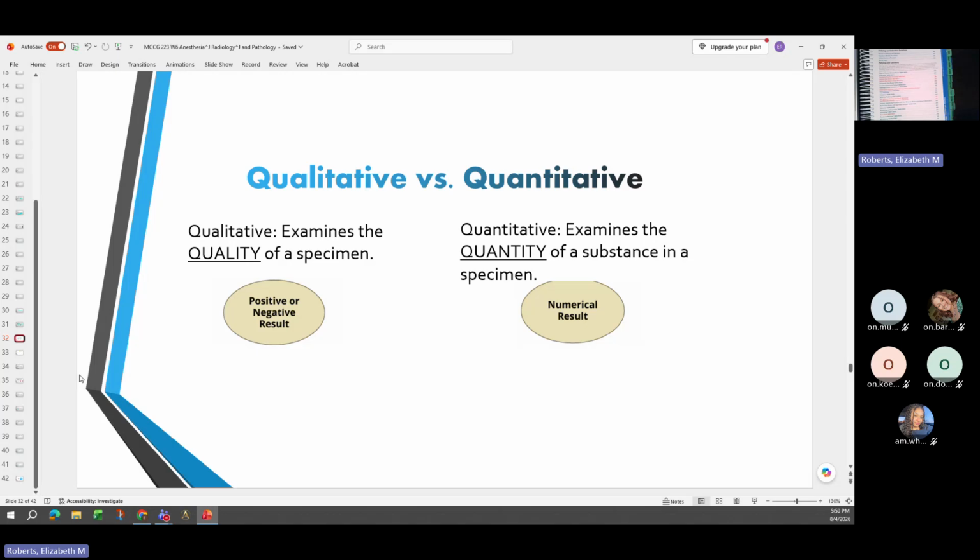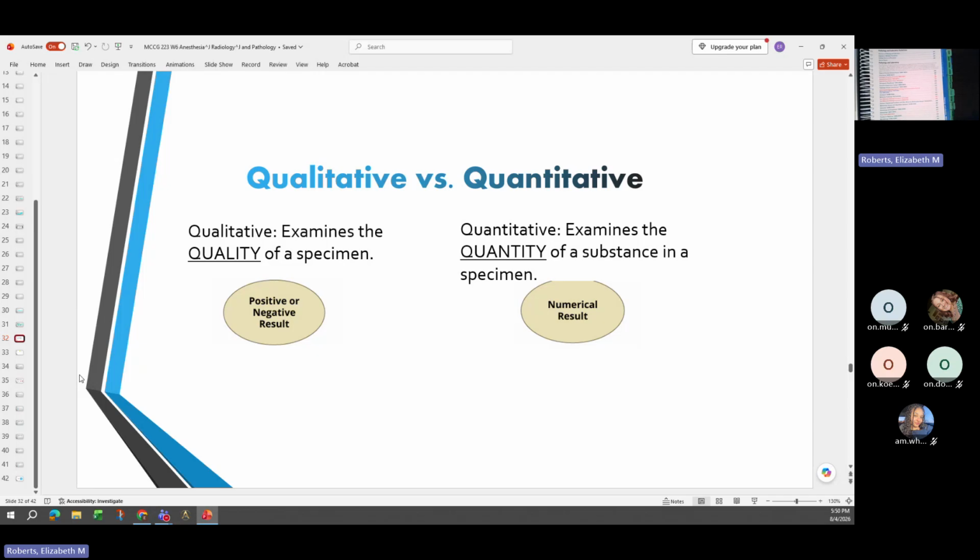Quantitative is different. Quantitative has that root word quantity; it quantifies the quantity of a substance in a specimen. That gives us a numerical result. So not, is there drugs in this patient's system, but how much of a certain drug is in this patient's system.